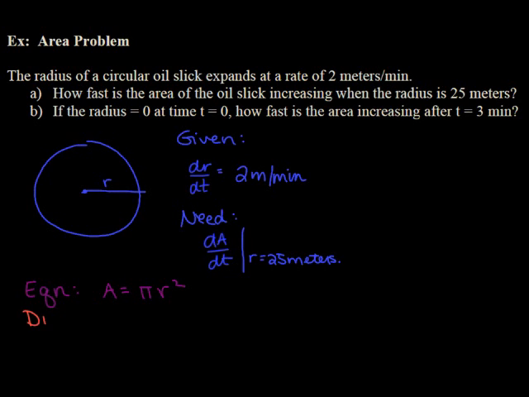So left-hand side, we just get the rate of change of area with respect to time, and that's going to equal, remember pi is a constant, so we're going to have 2 pi r times the derivative of r with respect to t.